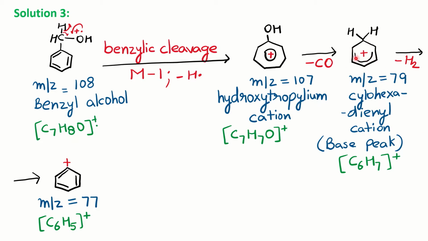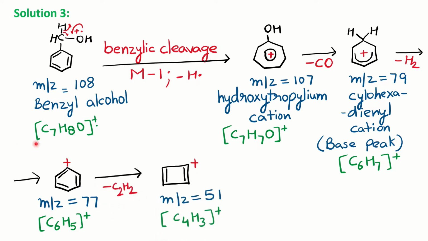Further from this cyclohexadienyl cation, one can show the loss of hydrogen to form a carbocation, that is C6H5 plus, 77, which is the characteristic of aromatic alcohol as I told you. And further loss of a neutral molecule from it gives one more peak at 51. So we need to justify the loss. How much is lost from this C6H5 plus?